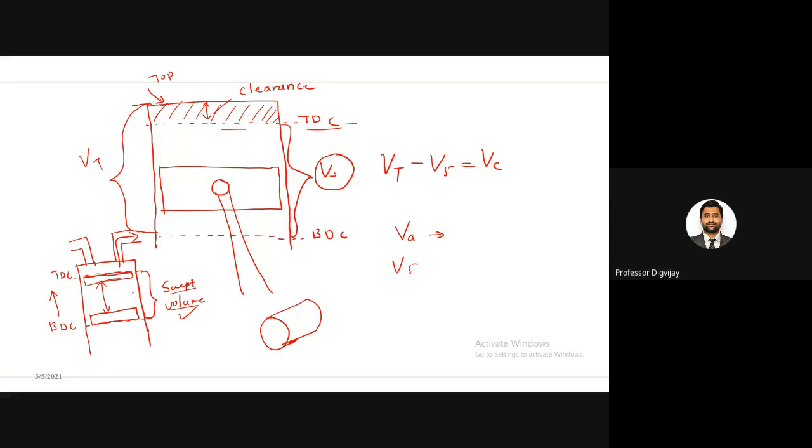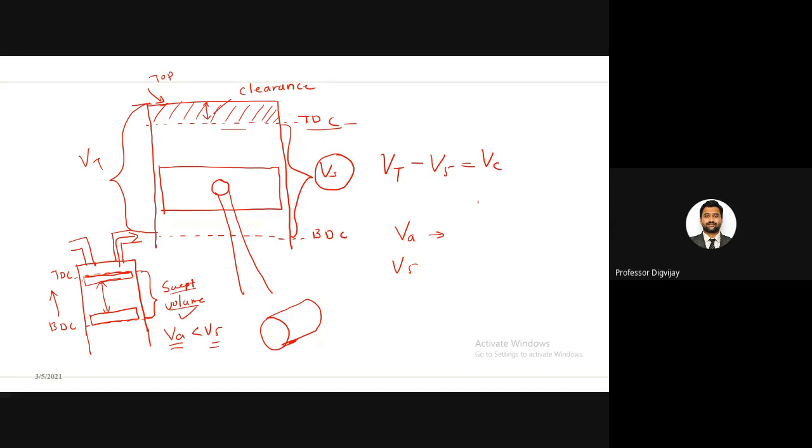But in actual, what happens? The actual air delivered, VA, is always less than the swept volume, VS. I have already explained this in the previous lecture.